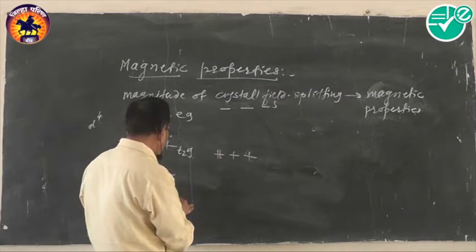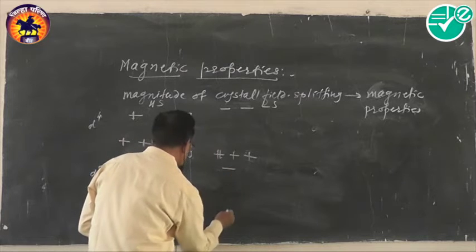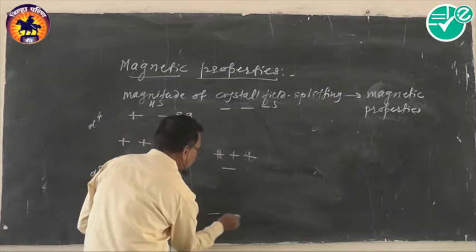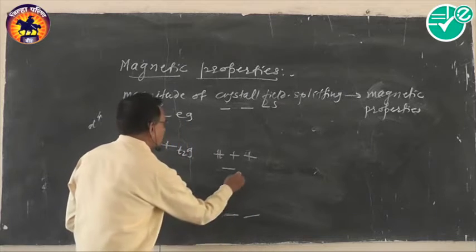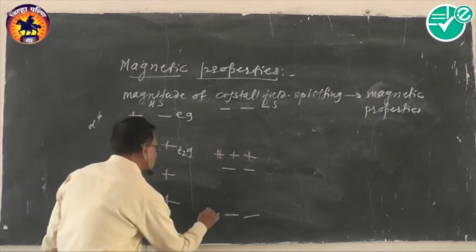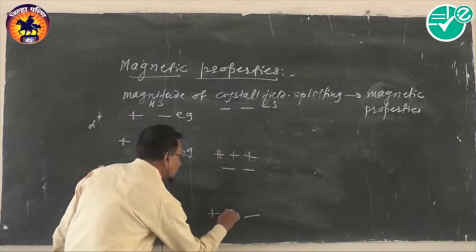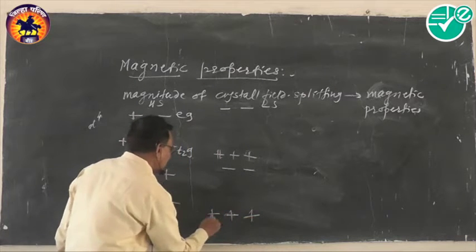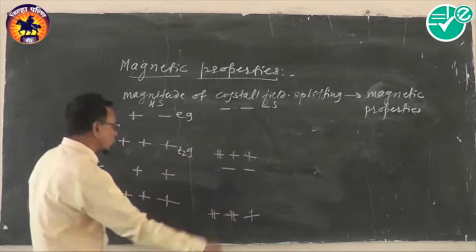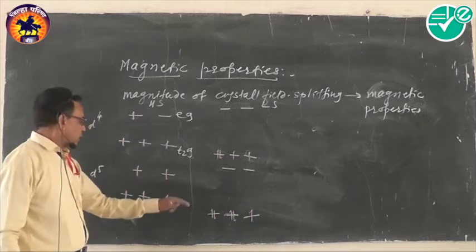But if it is a low spin complex, crystal field splitting is more, and such behavior is observed. In this case, the 3 electrons first enter into the t2g set of orbitals and then they prefer to pair with the electrons in the t2g set.